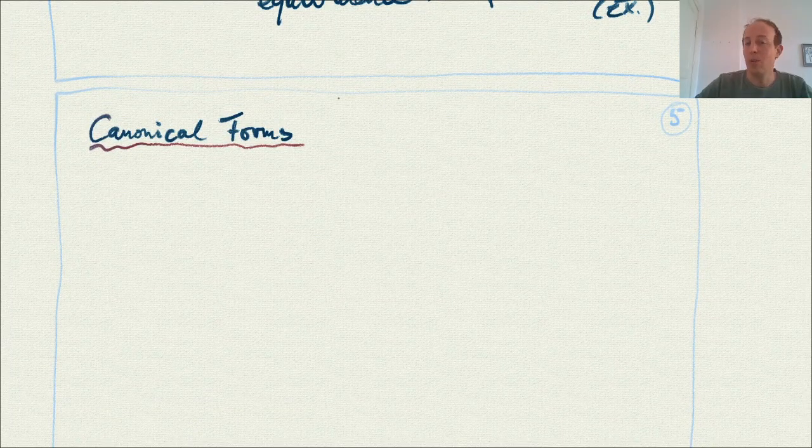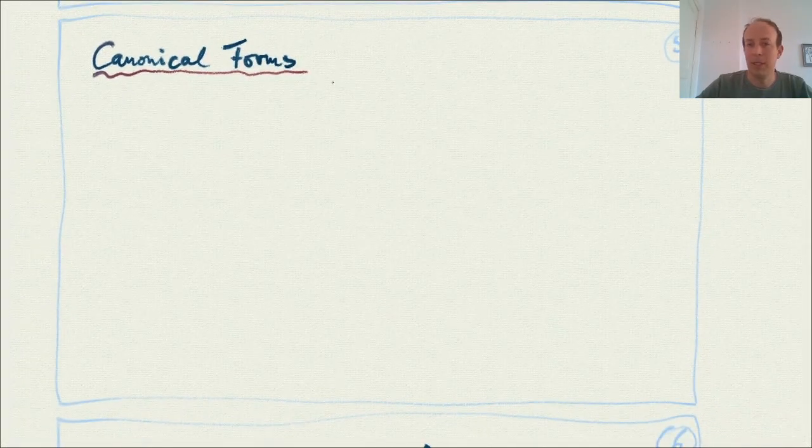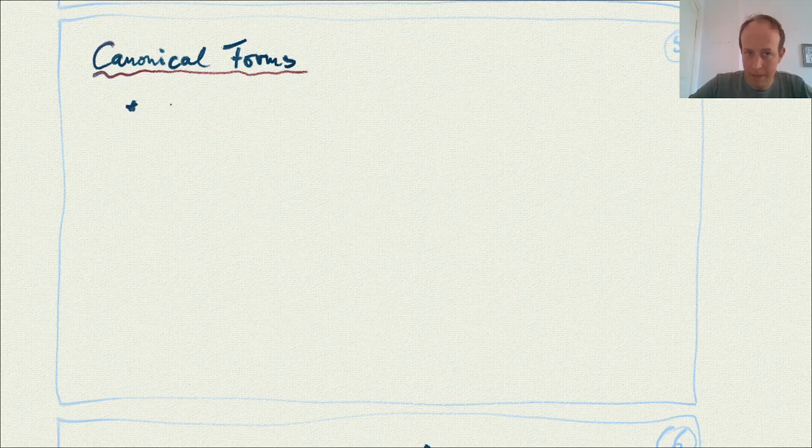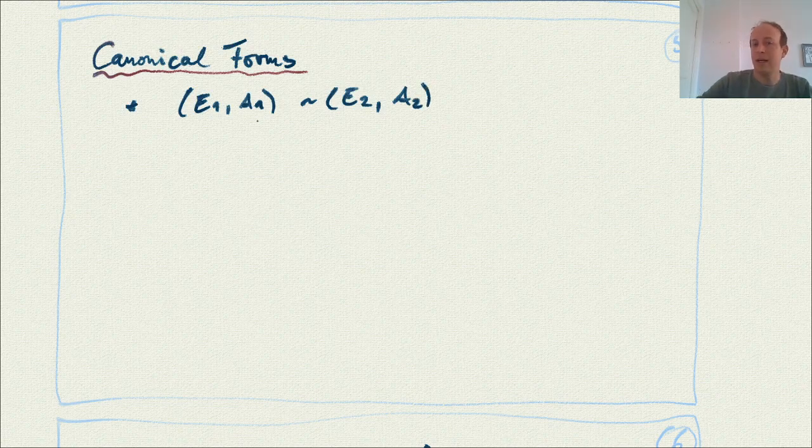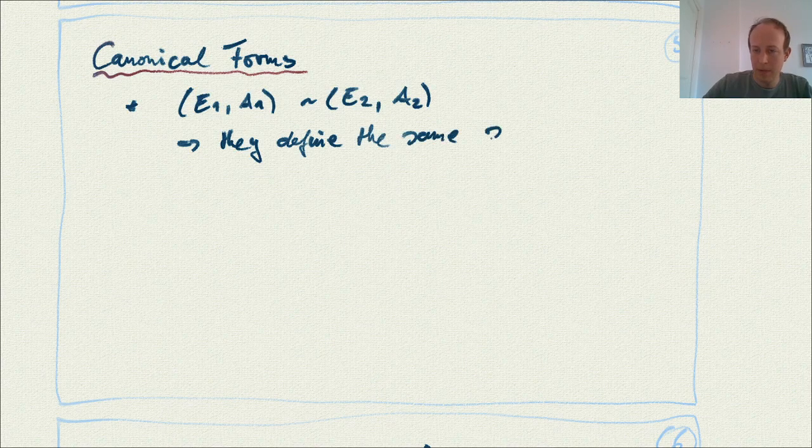Well, we will work towards canonical forms, and a few remarks on that. It says that if (E1, A1) and (E2, A2) are equivalent, it means they define the same solutions.